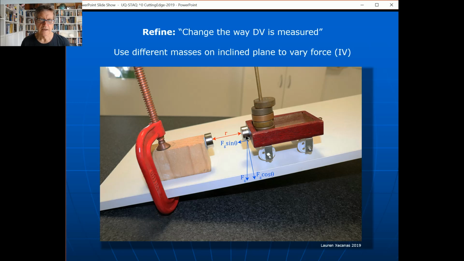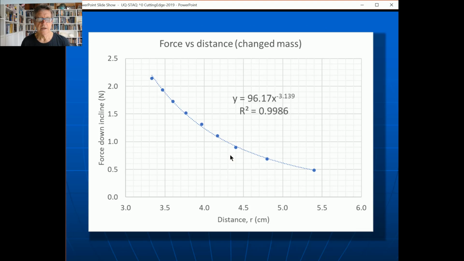Again, this is my diagram, not hers. I should have removed the Fg, but it's a good talking point to leave the three there and talk about that. Here's hers, and again, she got inverse cubed for that, distance along the bottom and force up the side.